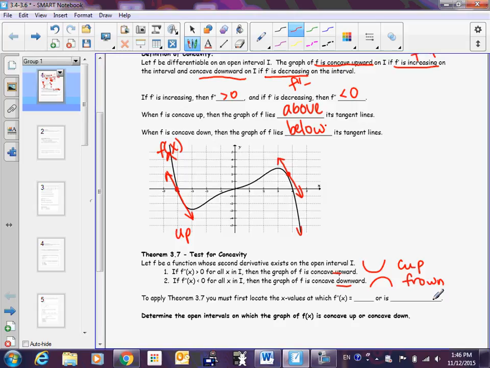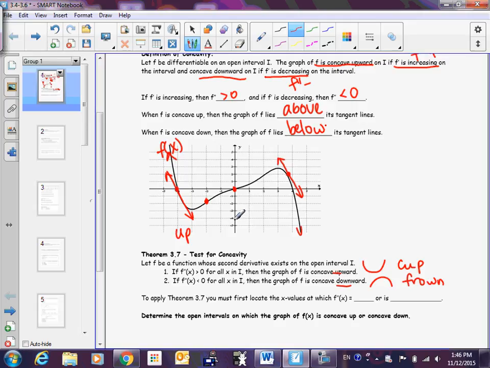So let's think of this idea as it could hold water or water would run right off of it. Again, this left part could hold water. I'm going to put a point here. Look what's happening between -2 and 2. If I drew a tangent line here, would the graph of f be above or below that tangent line?